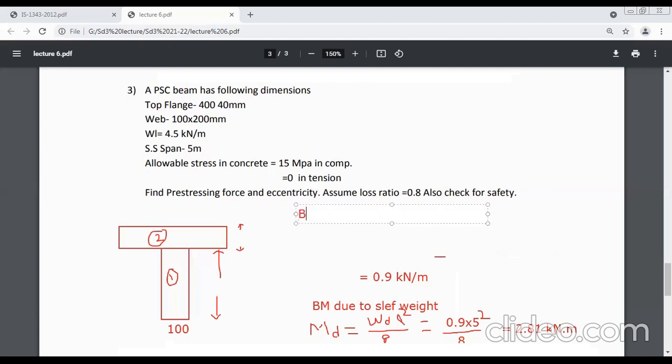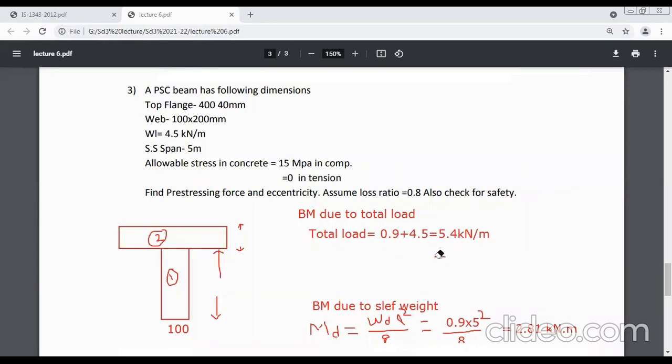The total load on the span: self weight is 0.9, plus the live load given in the example, 4.5 kilonewton per meter. So the total load on the span is 0.9 plus 4.5, which is 5.4 kilonewton per meter.